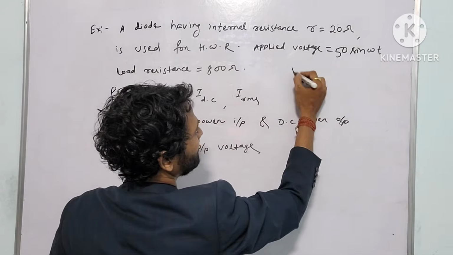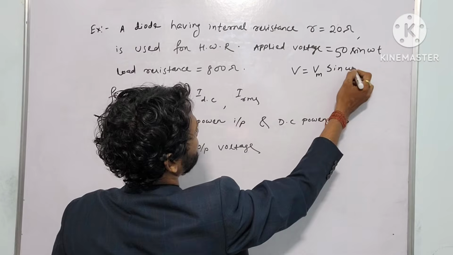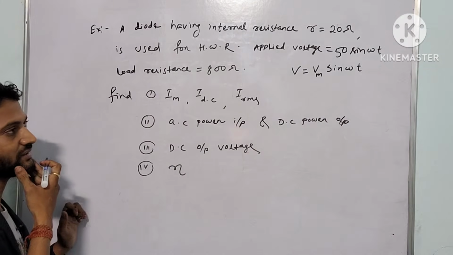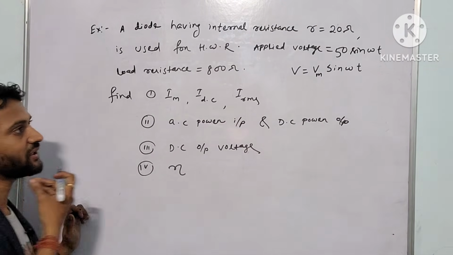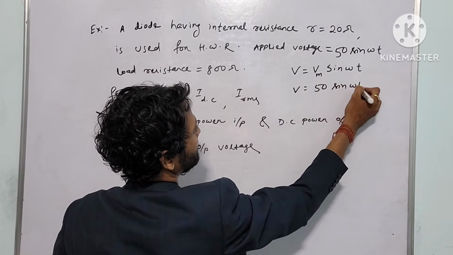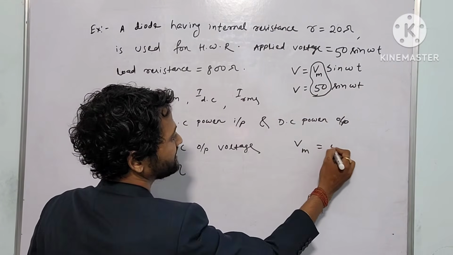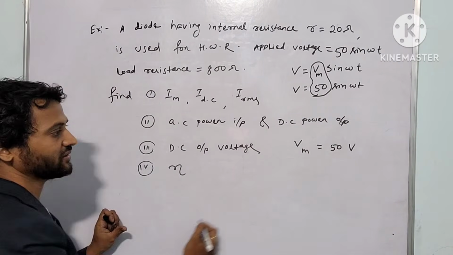So what is the voltage equation? Vm sin omega t, right? This voltage equation is given as 50 into sin omega t. So what is the value of Vm here? The value of Vm is 50 volt, right?